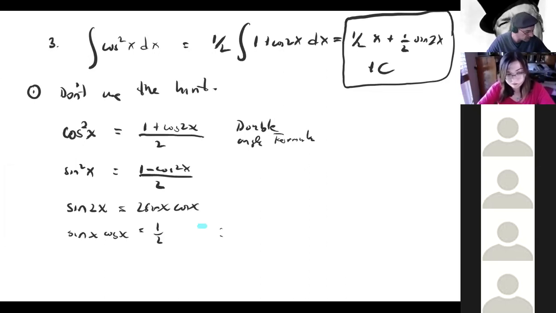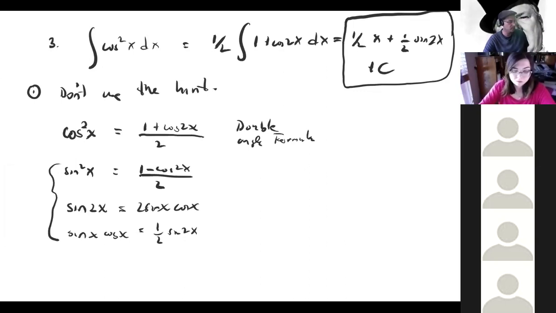Sine of x times cosine of x is 1/2 sine of 2x. So these are the 3 double angle formulas, and the book lists them also if you look in the book in that section. Okay, so we don't need this number 1 either. So I'm going to save the screen.